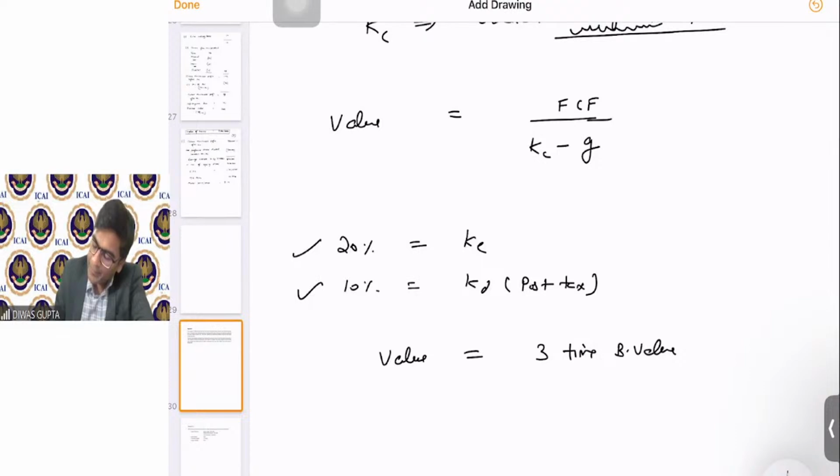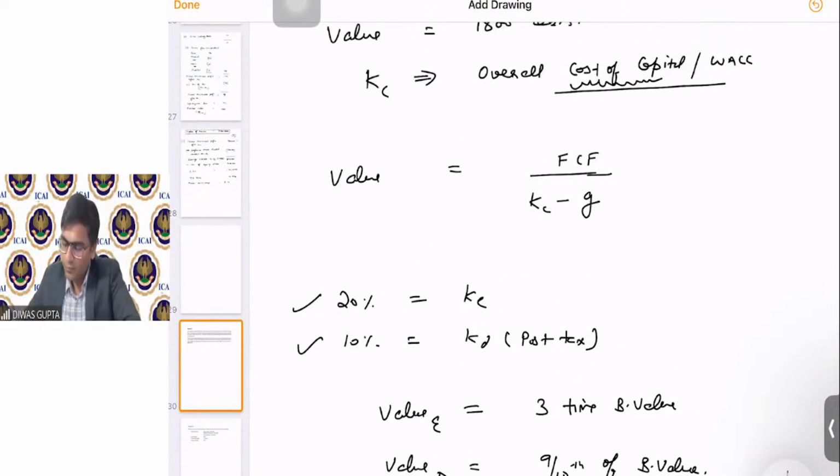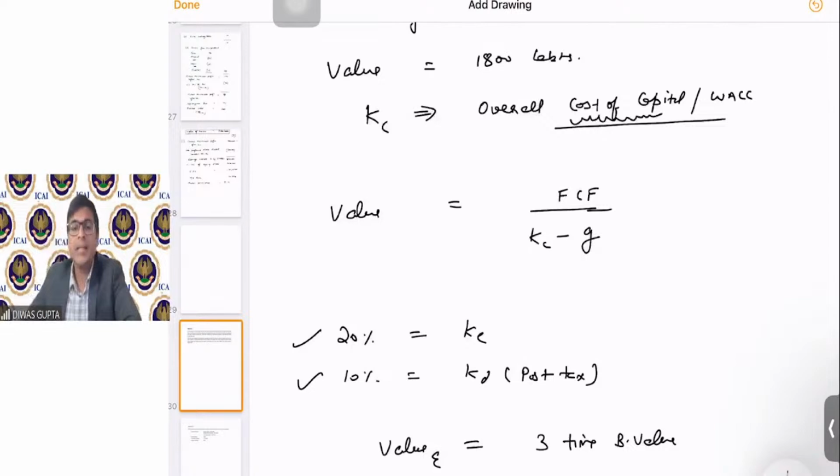And similarly the value of debt is equal to 9/10 of book value of debt. Understood? This is clear, students?